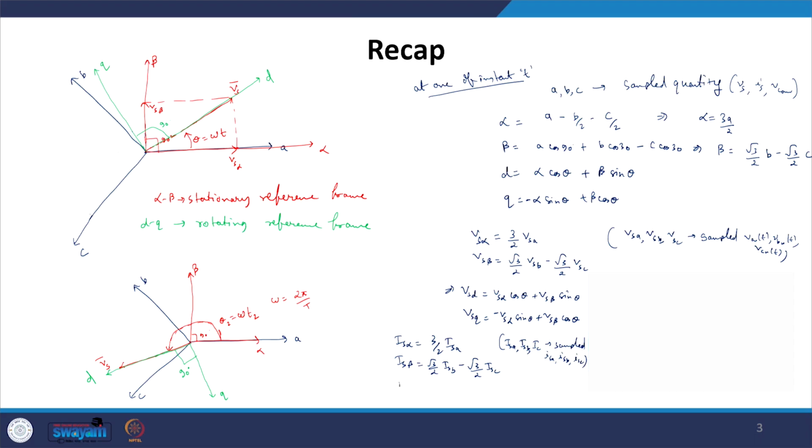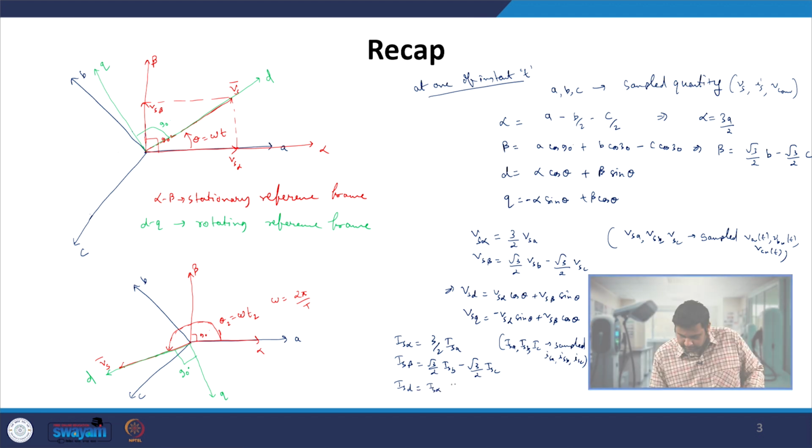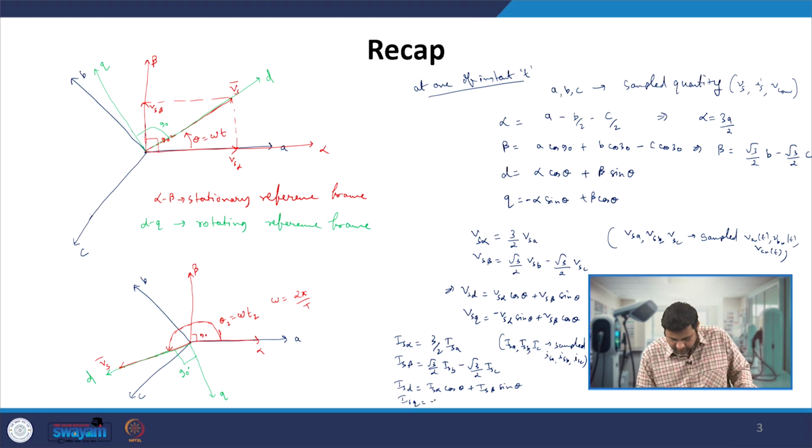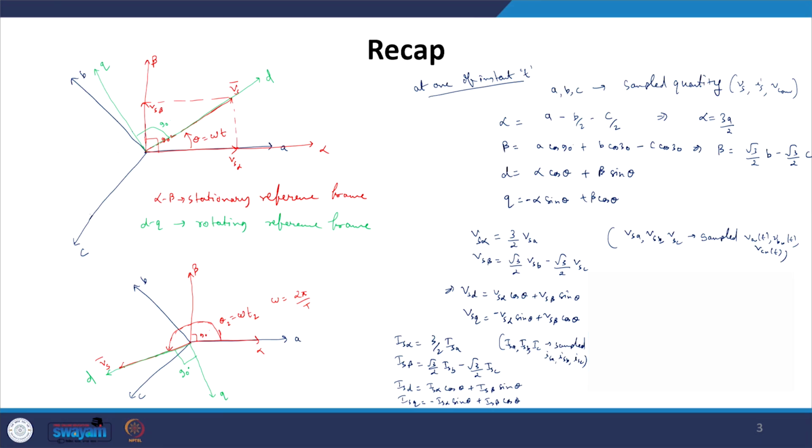Similarly, you can also define Isd to be Is alpha cos theta plus Is beta sin theta, and Isq to be minus Is alpha sin theta plus Is beta cos theta.